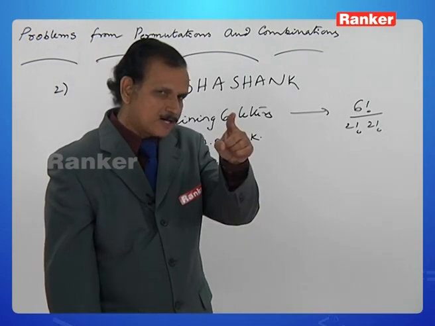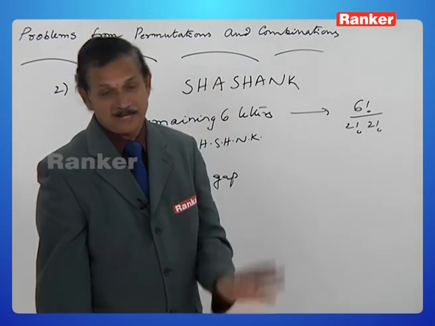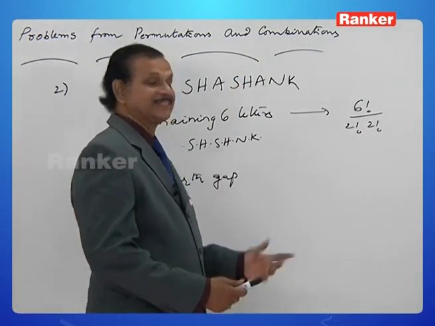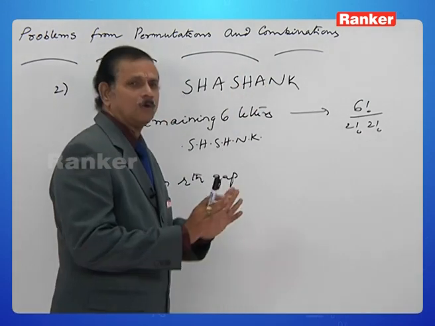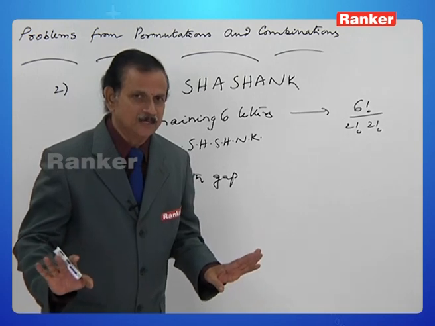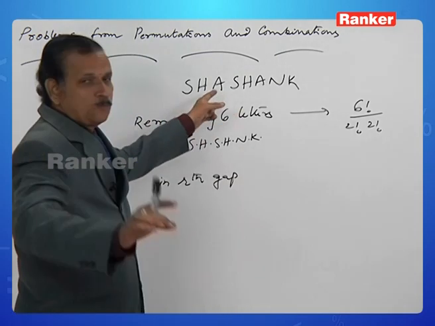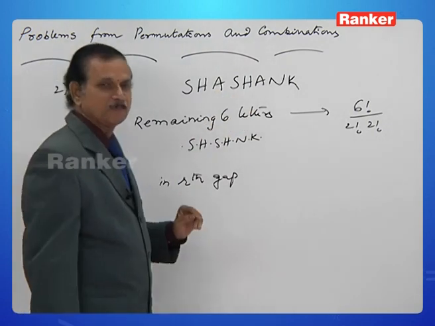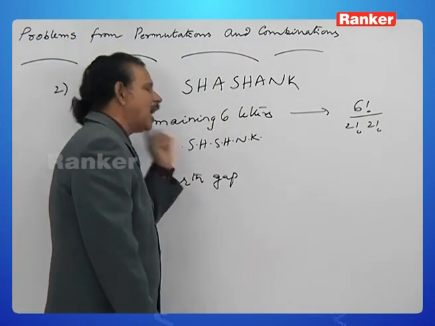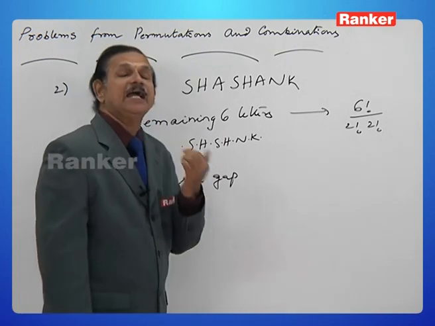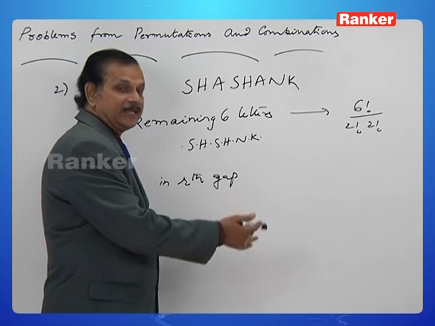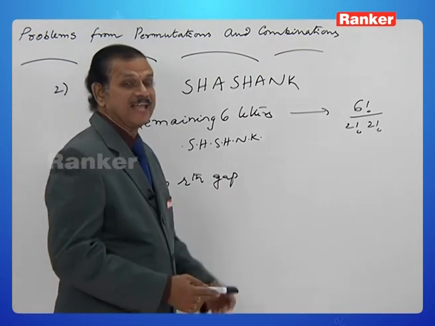There only you are supposed to put the second A. Here there are only 2 A's. We are concentrating on one particular A. Let us first assume that it has been placed at one particular, say, rth gap. The second vowel must be placed in the remaining 7 minus r minus 1 gaps only.